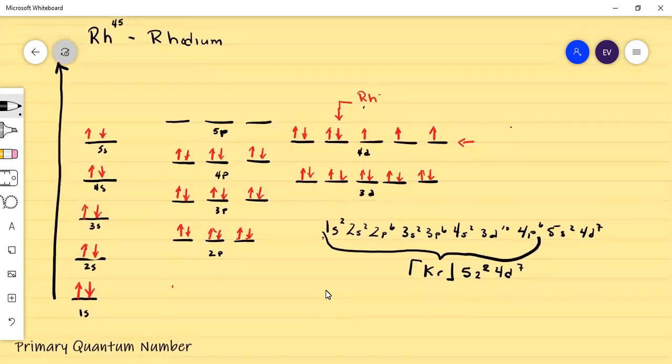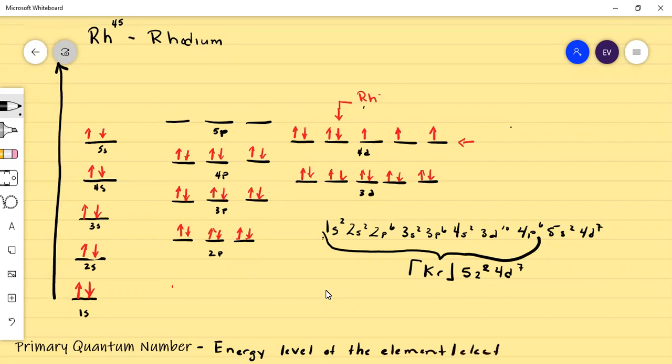The first one we're going to talk about is the primary quantum number. The primary quantum number is the number that is represented by the energy level of the electron. Energy level of the element/electron in question.